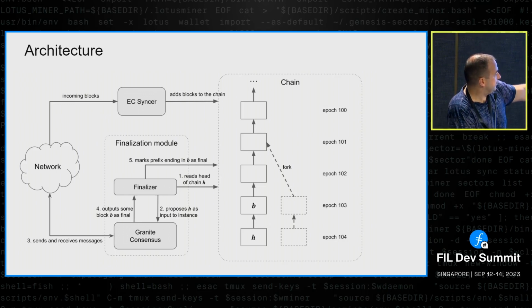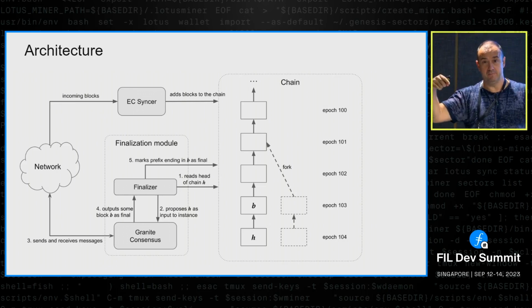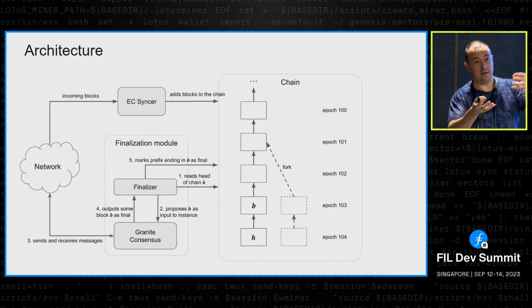So we are feeding this as a proposal to Granite consensus, which goes again to the network to communicate among nodes. Who are the members? The members are the storage providers in the power table. We are doing an agreement among them using the Granite consensus protocol. We are weighting votes, so each vote has a weight depending on the weight of the miner in the power table.